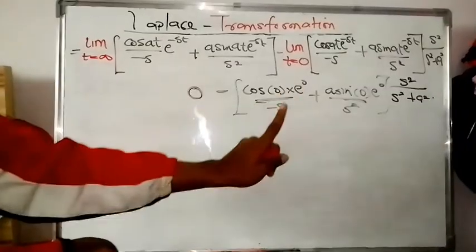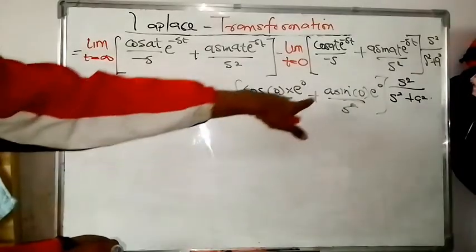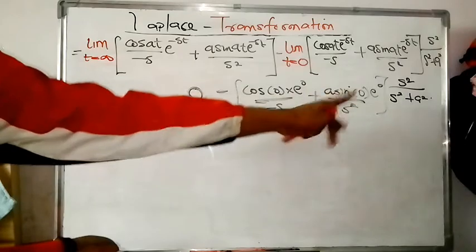So cos 0 is 1, exponential 0 is also 1, divided by minus s plus a times sine 0, which is 0, so everything here becomes 0.